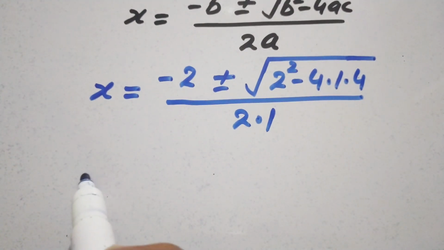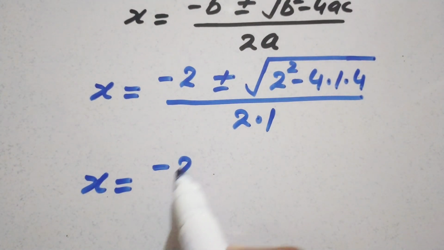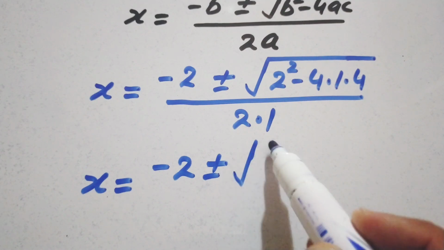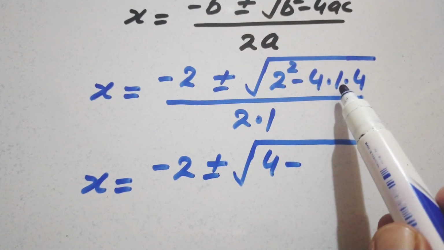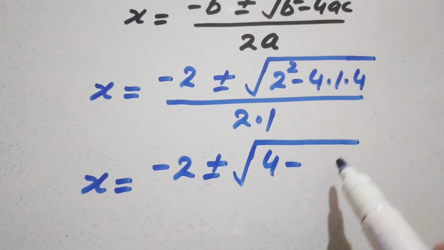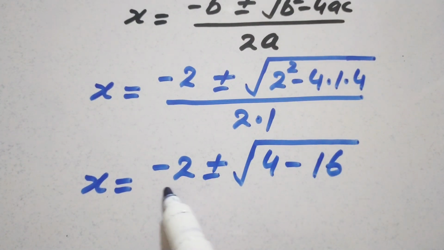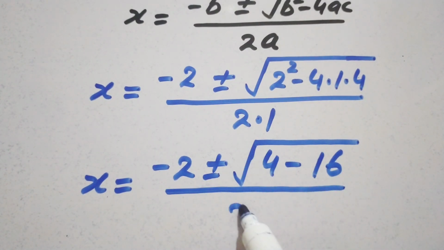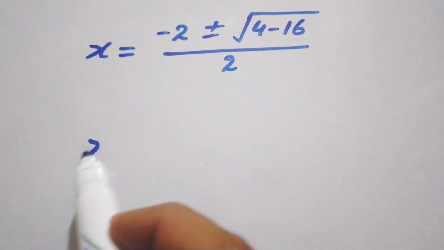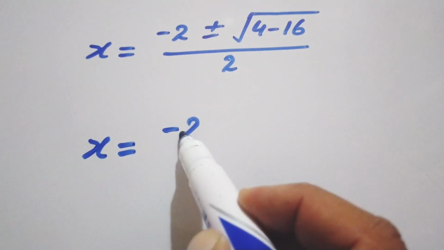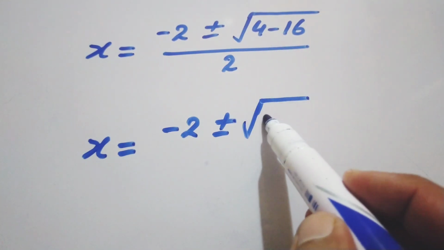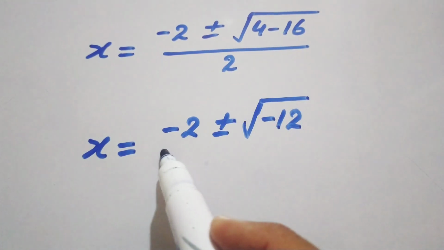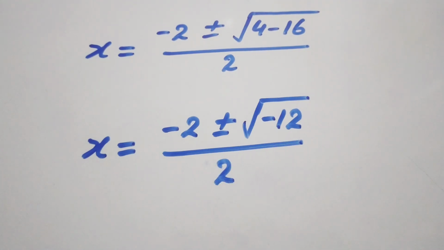Now in the next step, x is equal to minus 2 plus minus square root of 2 squared, which is 4, minus 4 multiplied by 1, which is 4, and 4 multiplied by 4, which is 16, divided by 2 multiplied by 1 gives us 2. Now x is equal to minus 2 plus minus square root of 4 minus 16, which is minus 12, divided by 2.